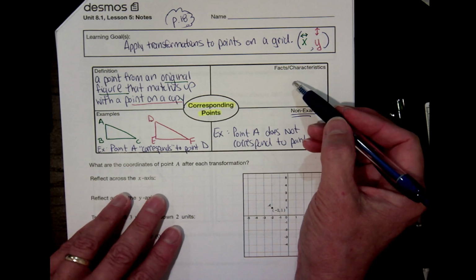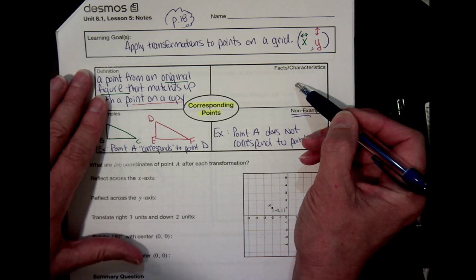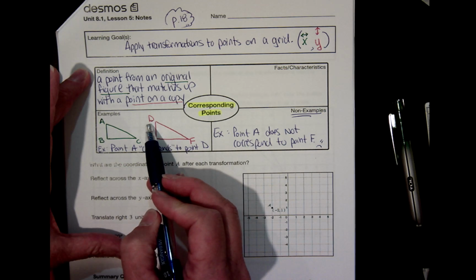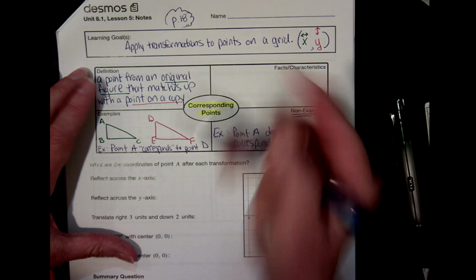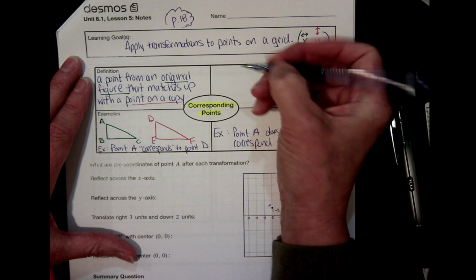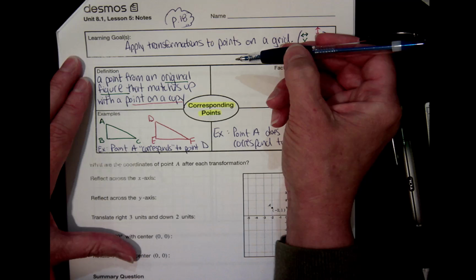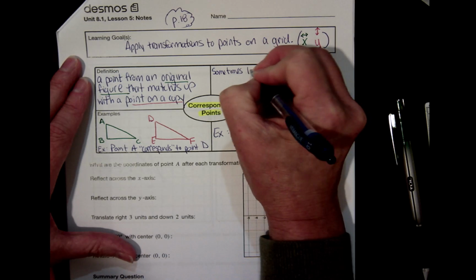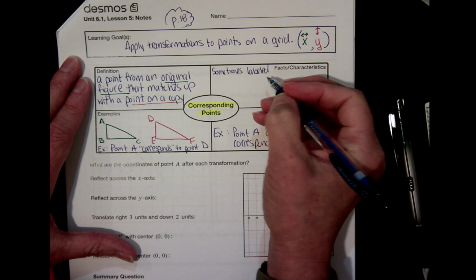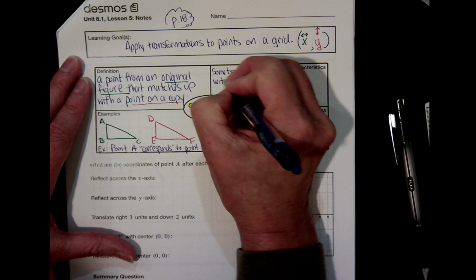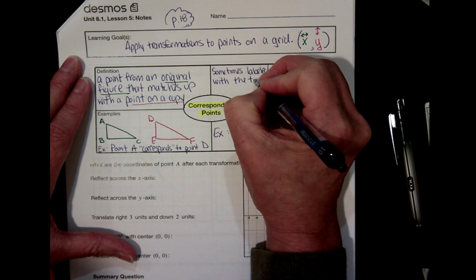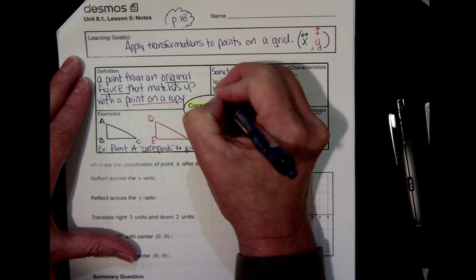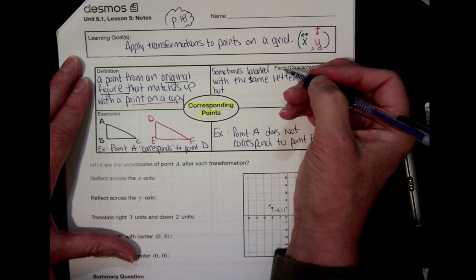One more characteristic that I'll mention, I'm going to bring forward something from a previous lesson about how sometimes with a transformed figure, we don't give it a new letter, but we give it that prime mark. So corresponding points are sometimes labeled with the same letter, with a prime mark added to indicate that it's not exactly the same point.